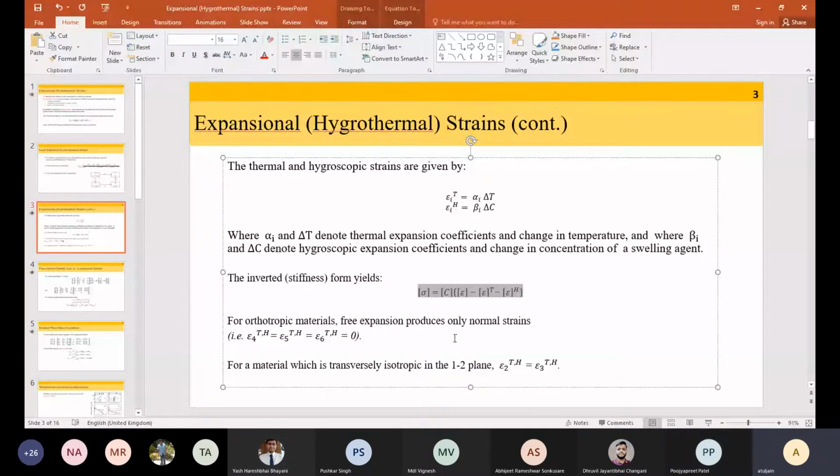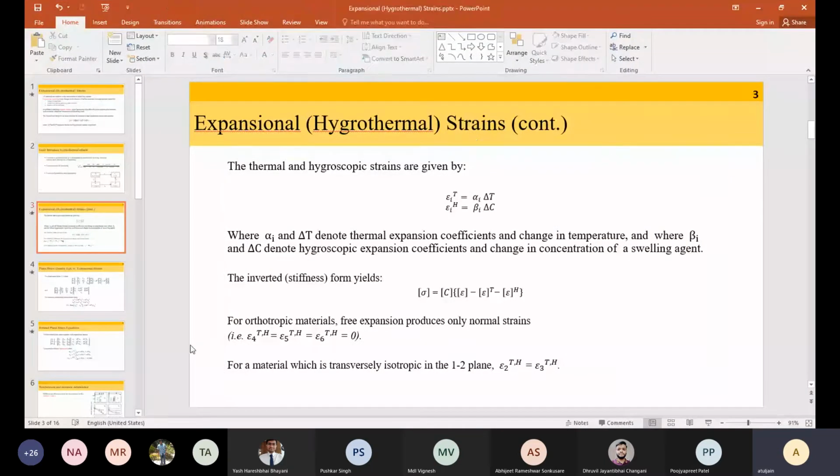Another important point to keep in mind is that for orthotropic materials, if you choose the coordinate axis system in terms of your orthotropy, then free expansion will only produce normal strains. So this coefficient of thermal expansion or hygroscopic expansion coefficient will not lead to shear strain.